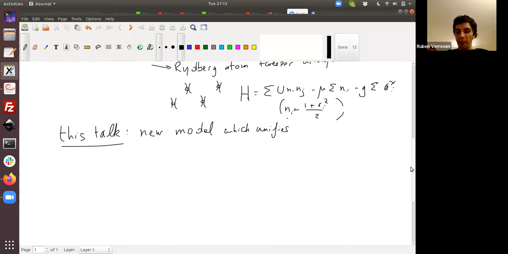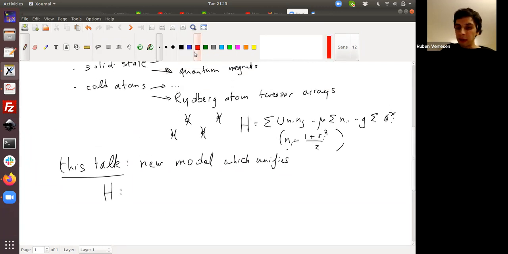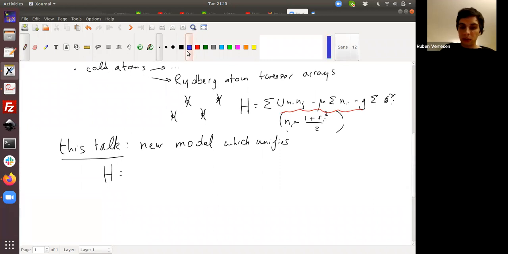I don't yet want to give all the details of this model. It's a relatively simple model, but let's work our way up to it. I just want to structurally give you some sense. It's very much like the Ising-type model that I mentioned already. The model we'll be talking about has a two-body term which is entirely diagonal.